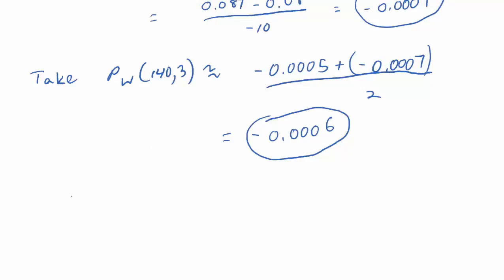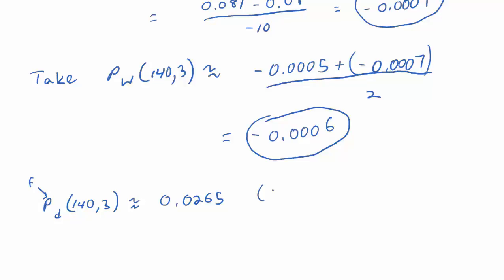Now, what is the partial of P with respect to D evaluated at a weight of 140 and number of drinks 3? Well, you actually evaluated that in the last section, and it turned out to be approximately 0.0265. I think I called this function F before, but it's the same chart, same everything.